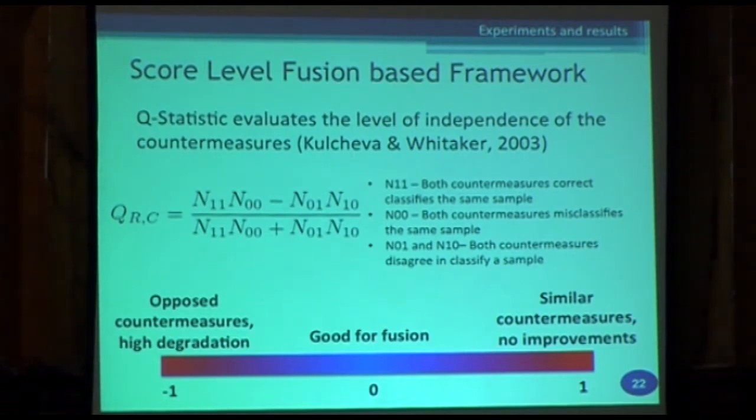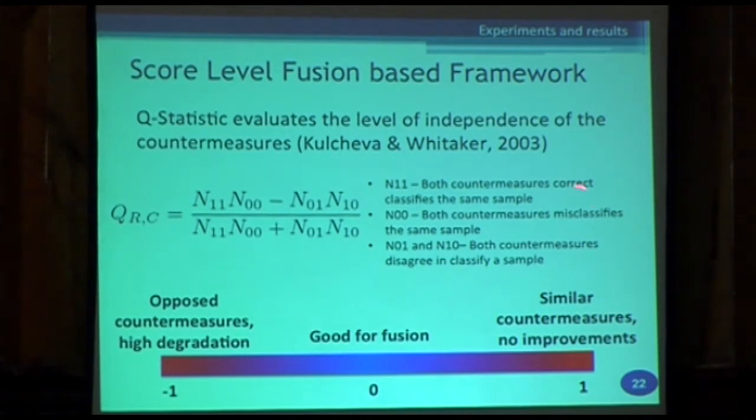So what is important to interpret here? When you have Q close to 0, the classifiers are good for fusion, so a fusion will be a good business.